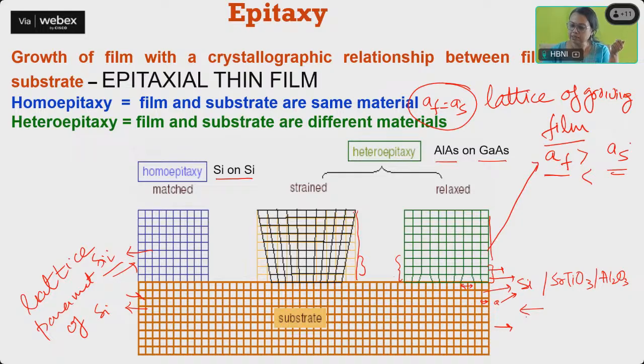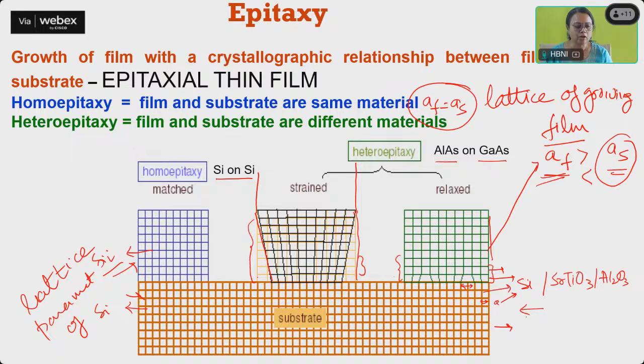Initially at the lower layers there can be strain or relaxation, but as it grows, it slowly gets into its own form. In this photograph you can see its actual lattice, and it will slowly take its natural lattice and become a proper film.